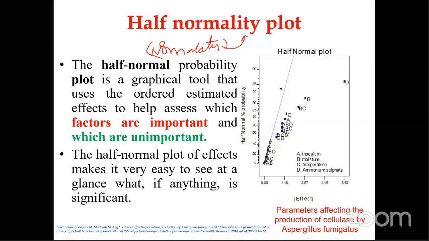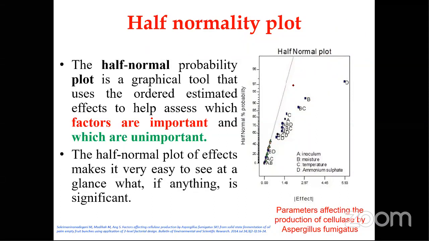So what is the use of this graph? You can see here, all the factors which you have taken for the preparation of a tablet have been divided into two areas. One is falling above or below the line, and the others are falling on the line, right? That means if there are, let us say, 10 factors taken, they are divided into two types: the factors falling above or below the line, and the factors falling on the line.